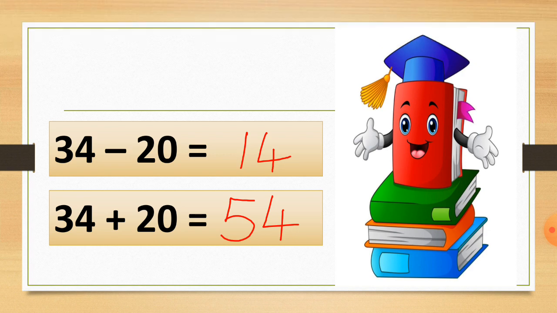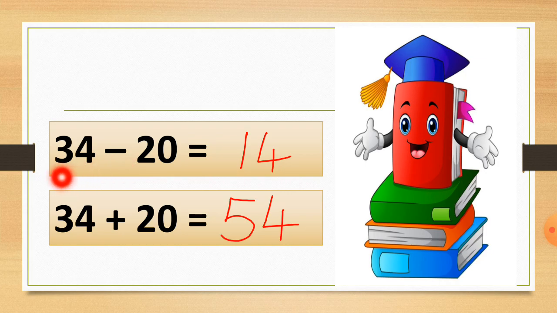So hope you understood this concept, and you can also use the shortcut method which I taught you already. You can use this method here also. You can see, there will be no change in the ones digit. Here the 4 is the ones digit, and it stays as it is, and here is the 3, which is the tens place.